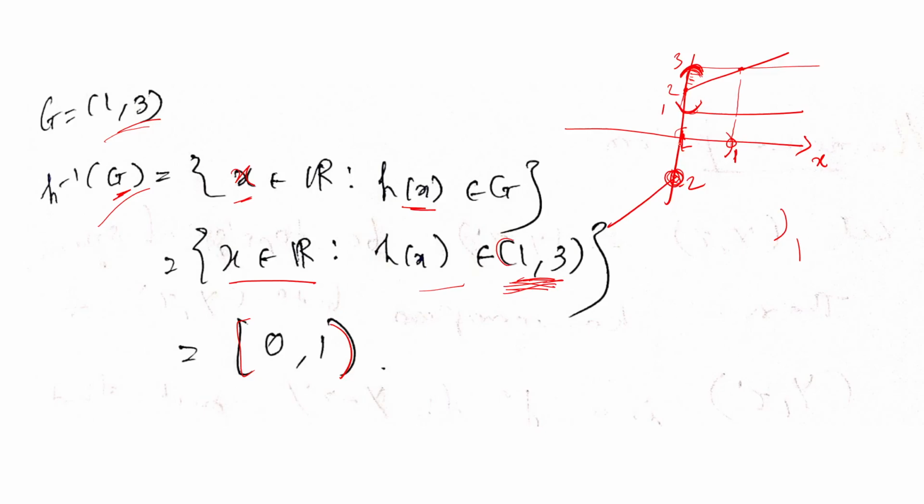Up to 0. Fine. So for x equal to 0, you are getting your image in between this interval 1 to 3, right? So in that sense, if you collect all these x, you will get the interval as close at 0 and open at 1. Fine. So in this manner, you can find the inverse image.